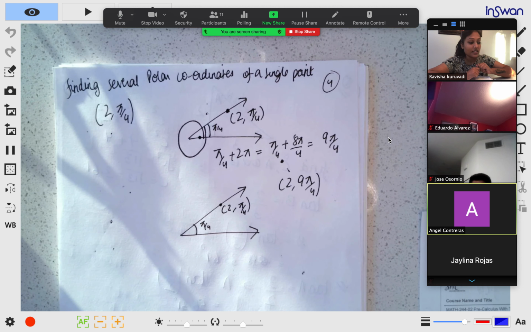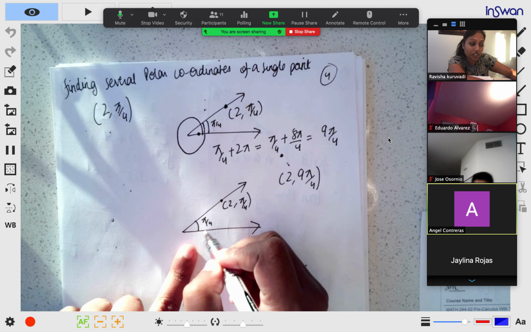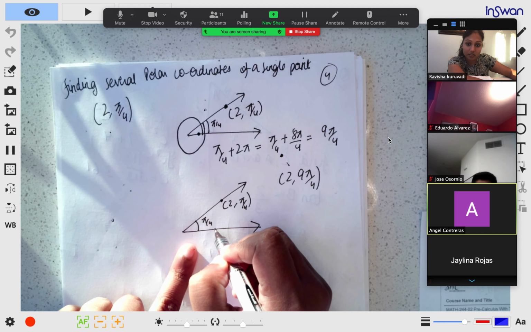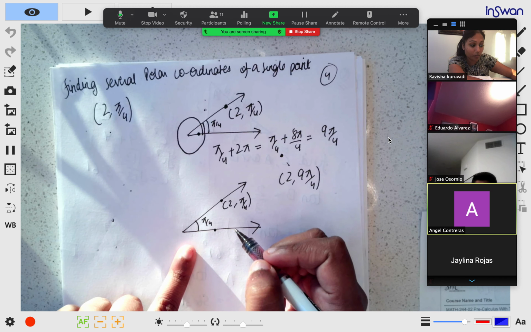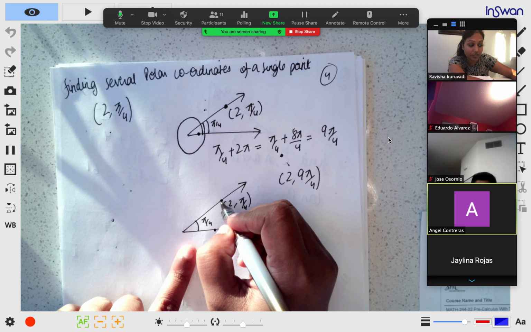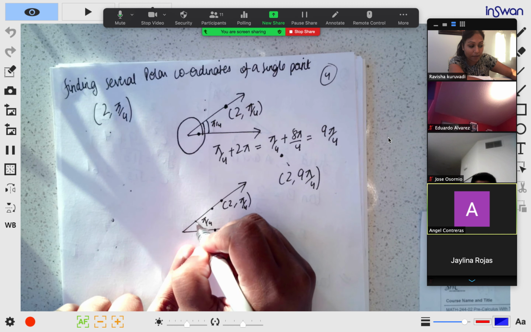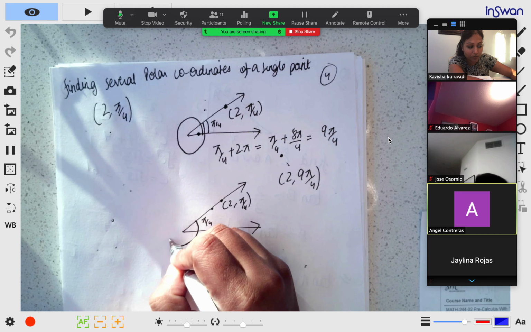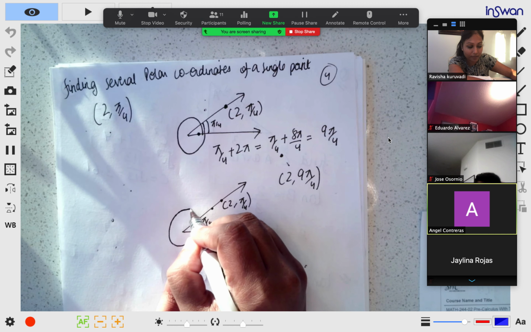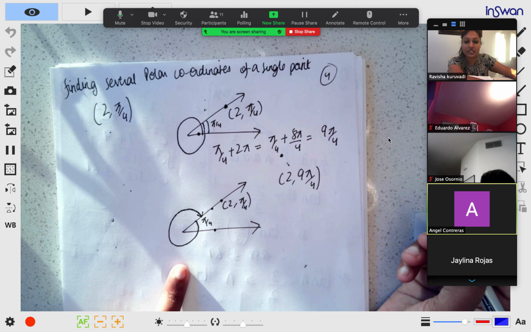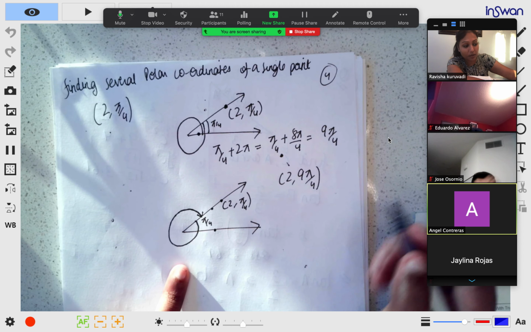Yes, you're correct. Even in this case, what happens if I start with a clockwise direction? From here you had 2 pi, but from this point, if I subtract 2 pi, I will reach back to this point again, but in the clockwise direction. Here if I add 2 pi, I'll still get to this point.